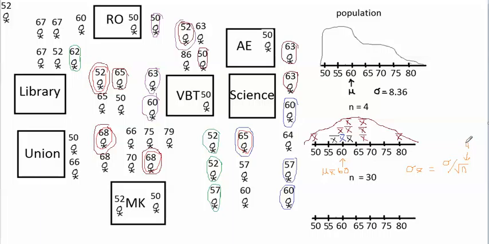If you took the standard deviation of the population and divided it by the square root of 4, the sample size, you would actually get the standard deviation of the means of all possible samples of 4 people.